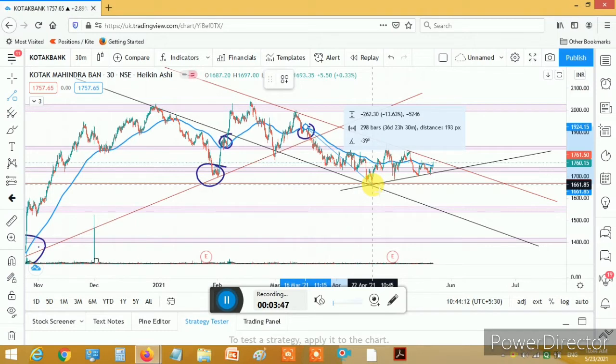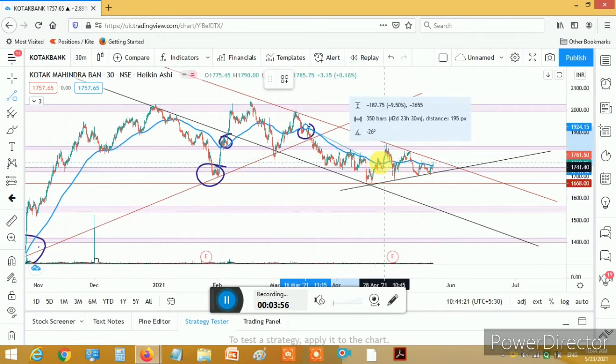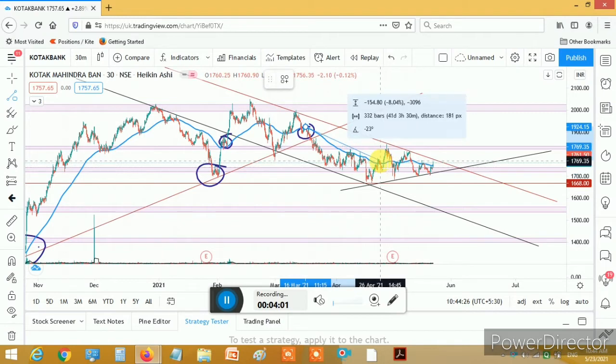So in approximately 2.5 months we earn around 262 points. When this dynamic support crosses up to this point, we can exit our position.